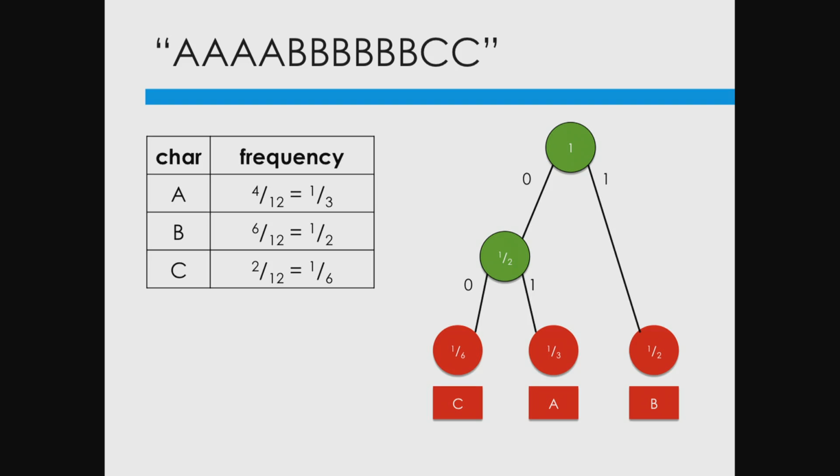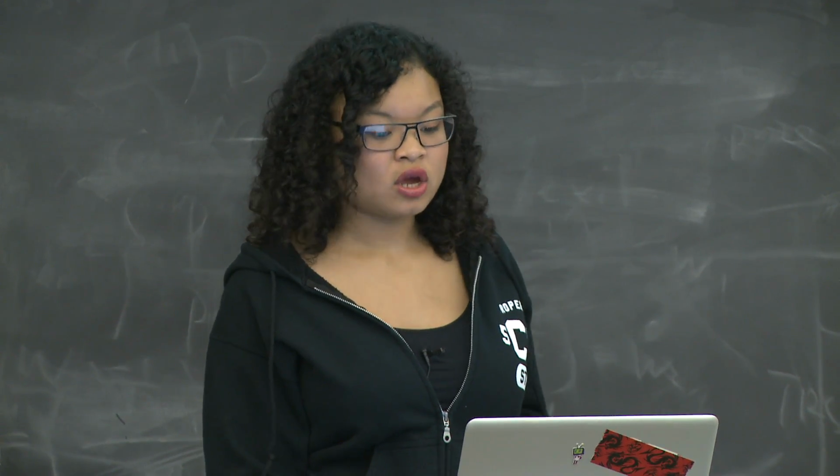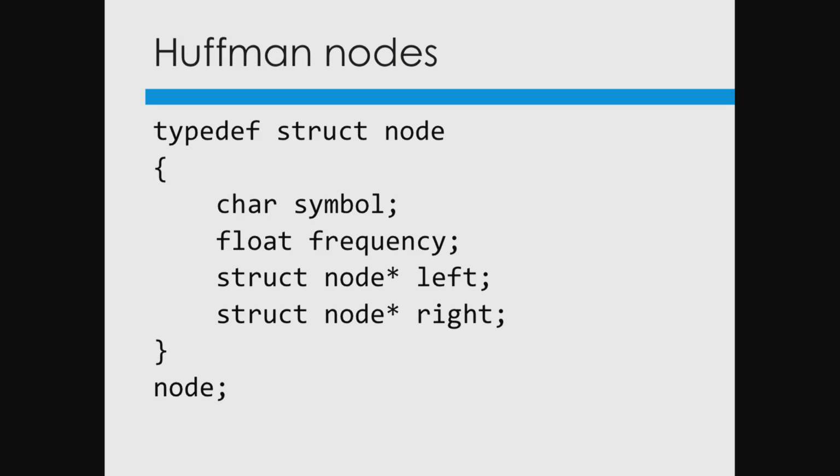We're not going to make separate ones for the parents and the final nodes, which we refer to as leaves, but rather those will just have null values. So for every node, we'll have a character representing the symbol that that node represents, then a frequency, as well as a pointer to its left child as well as its right child.